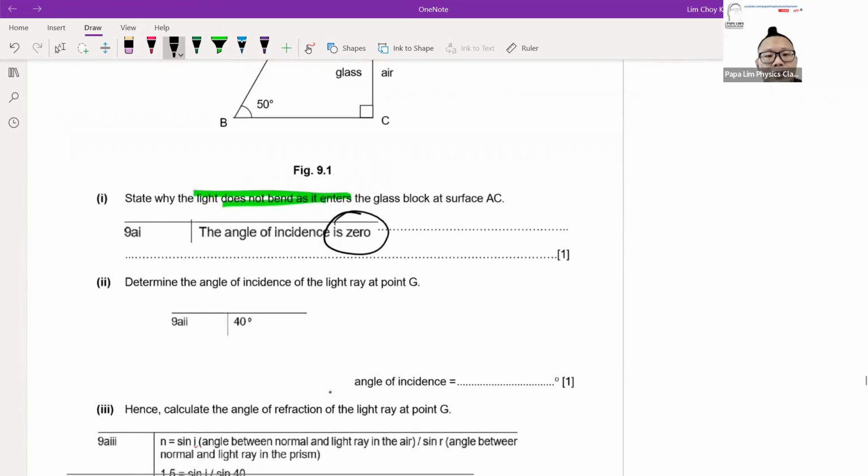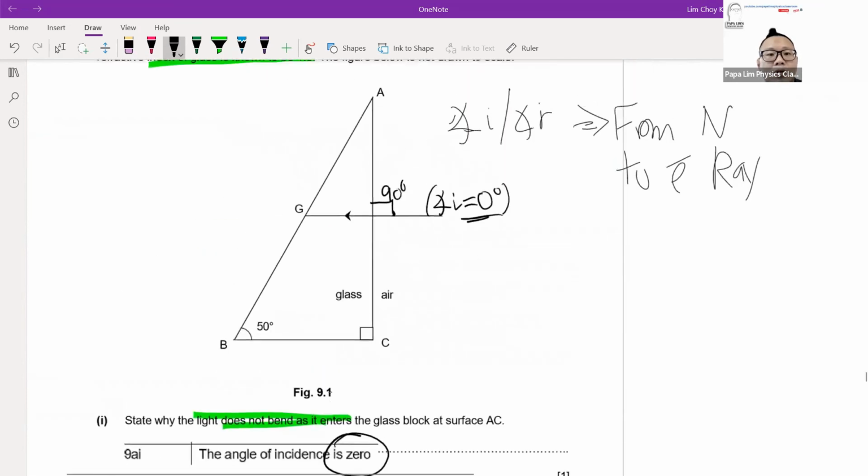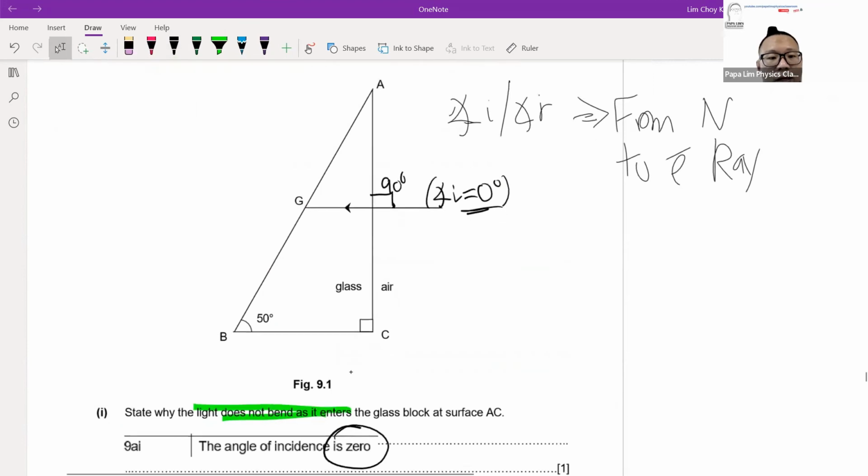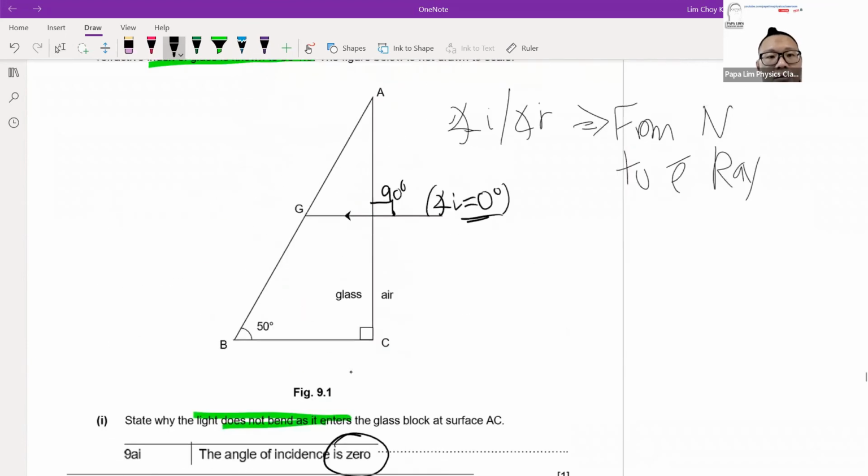Determine the angle of incidence at point G. Point G is here. Before I find the angle of incidence, I need to know where it is. The normal is here. Remember, it's from the normal to the ray. So this is the angle of incidence I'm looking for, angle i.